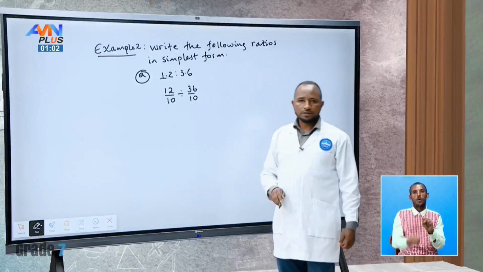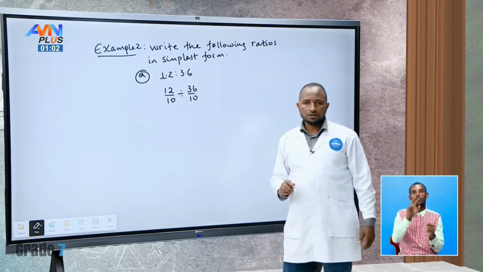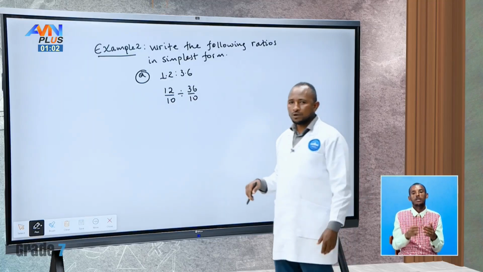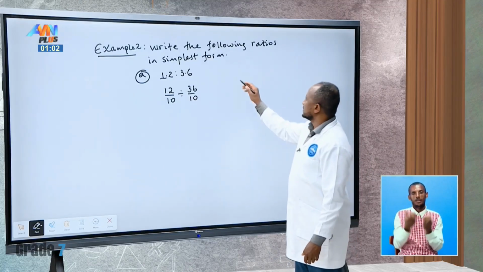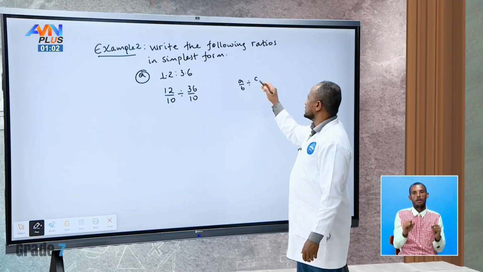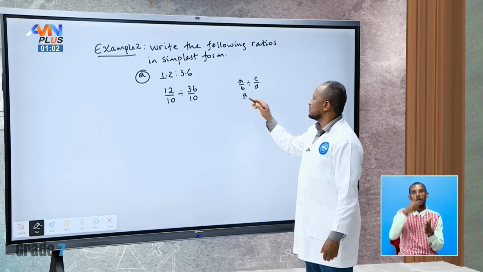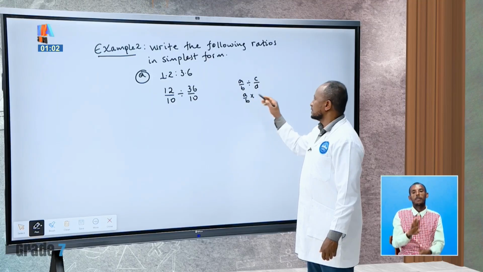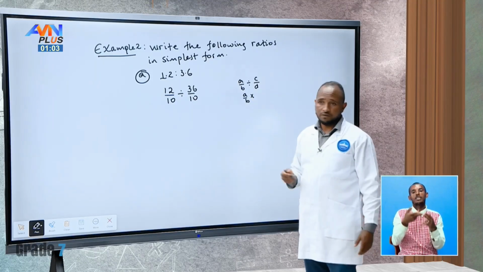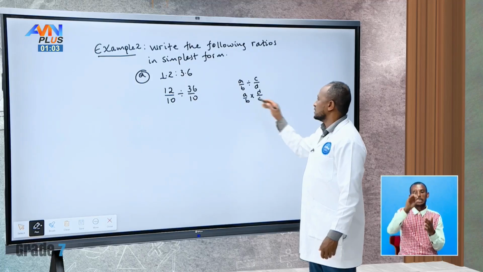So, next step, dividing. When you divide two fractions, as you have learned in your lower grade lesson, A over B divided by C over D means it is A over B times the reciprocal of the divisor, C over D, which becomes D over C, and then you multiply.